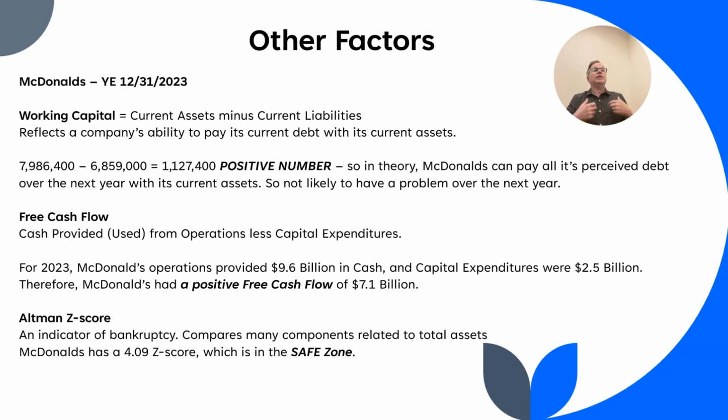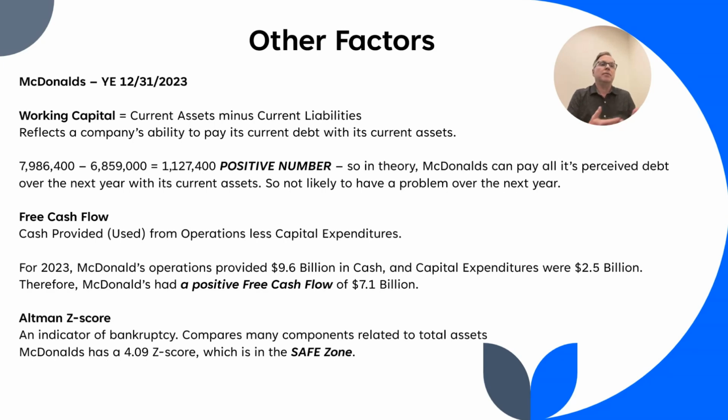And then finally, let's do the Altman Z, which is a bankruptcy indicator. Altman was a professor who came up with a whole statistical calculation to determine whether a company potentially would be going bankrupt within the next 2 years.